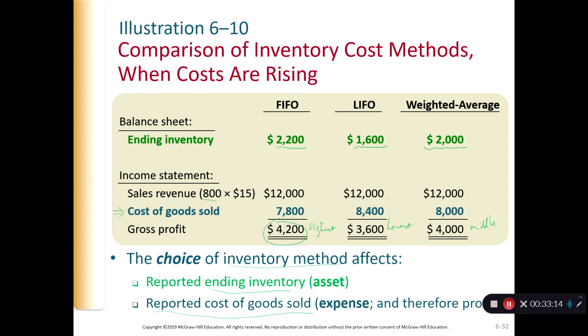As we can see, the FIFO method is associated with the highest net income or gross profit, and the LIFO method is likely to be associated with the lowest net income. The FIFO method leaves the most expensive recent purchases in the ending inventory, and LIFO leaves the earliest purchases, which are the cheapest, in the ending inventory.